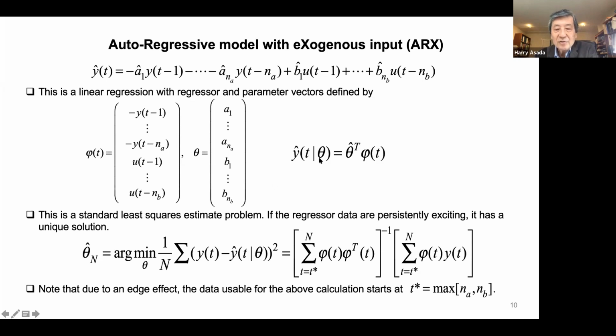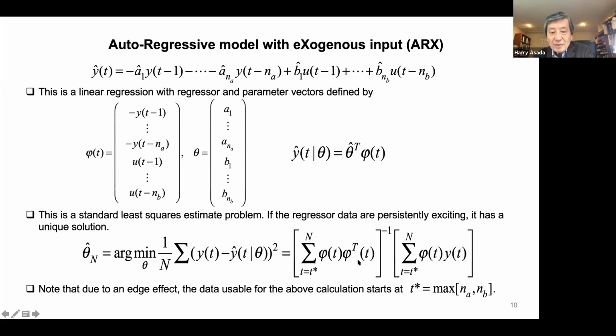You can use this to construct this, and then you need to find the theta that minimizes this. And since theta is linearly involved, you can immediately get the optimal value, which is given by this. This is just a standard least square estimate, right?